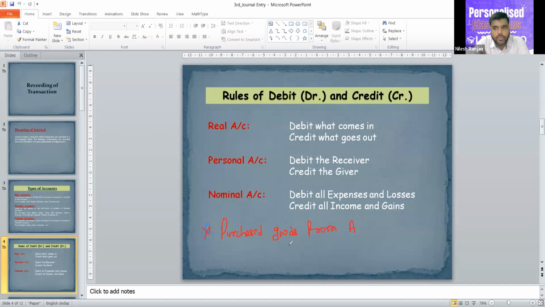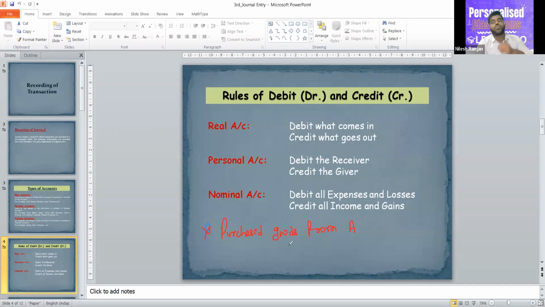A will not record our name, and we will not record A's name. So in a personal account, whenever there is a credit type transaction, then we record the name of the person. If there is only a one-sided transaction, then we record the name.